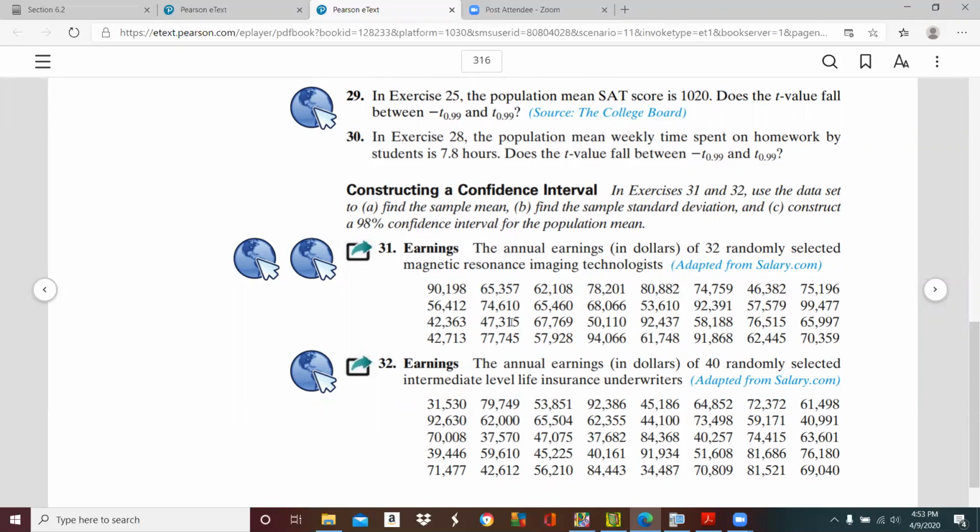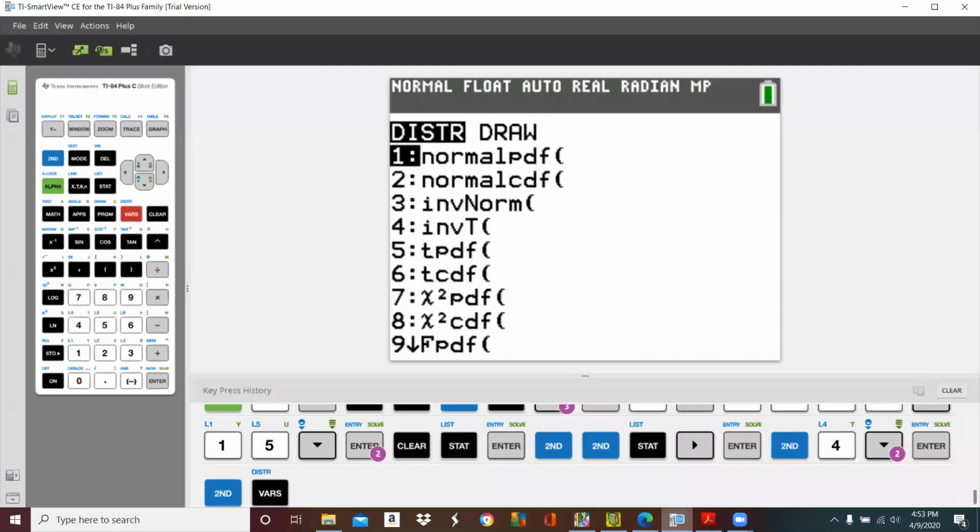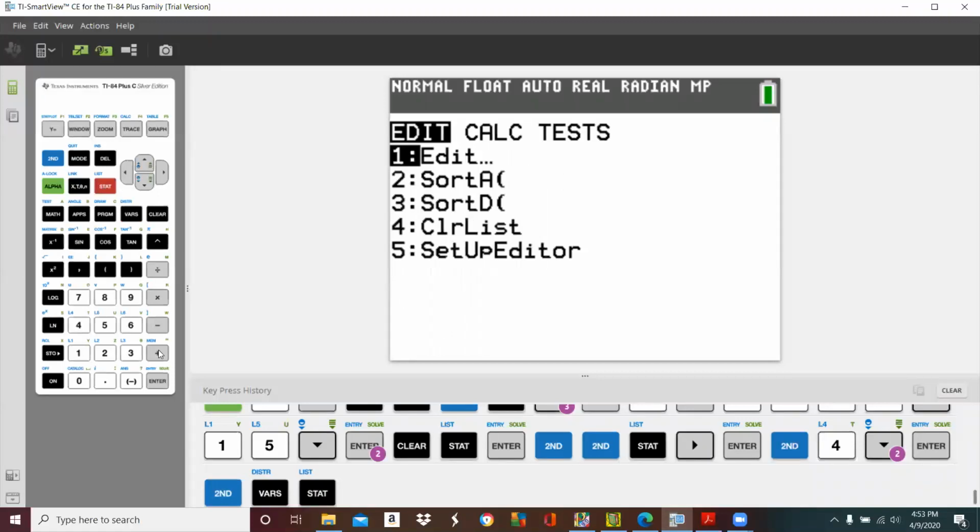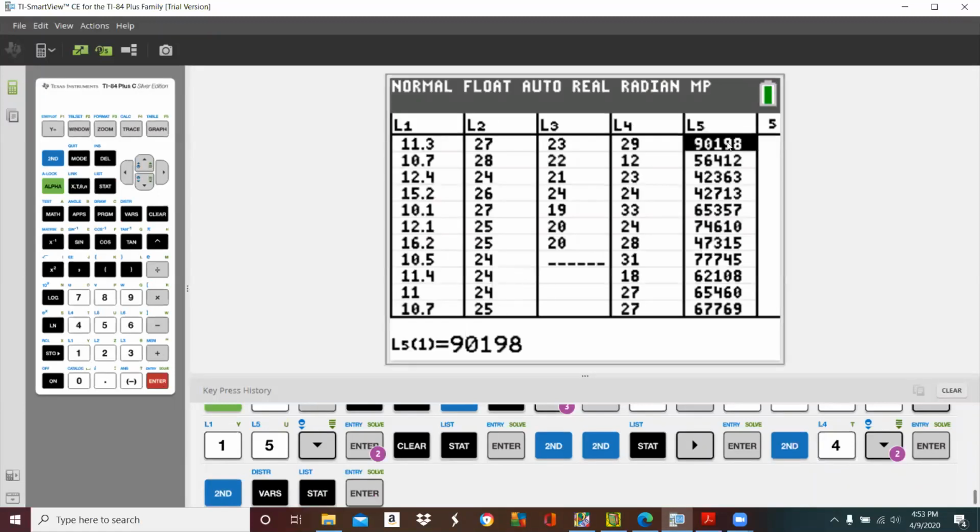I guess it must make you want to learn how to become one of these people because these salaries are pretty high. So what do you do? You enter these numbers into a list in your calculator, and that's what I did earlier. Under L5 are those 32 salaries.